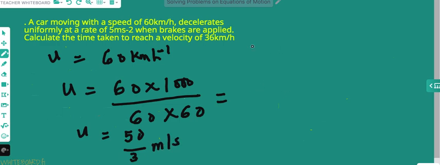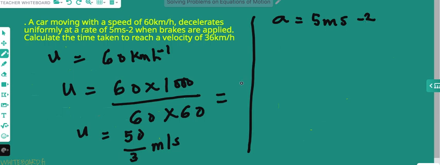Okay, let's move on. The car decelerates uniformly at a rate of 5 meters per second squared, so we have our acceleration. Our a is 5 meters per second squared, which does not need any conversion. When the brakes are applied, calculate the time taken to reach the final velocity, v, which is 36 kilometers per hour.